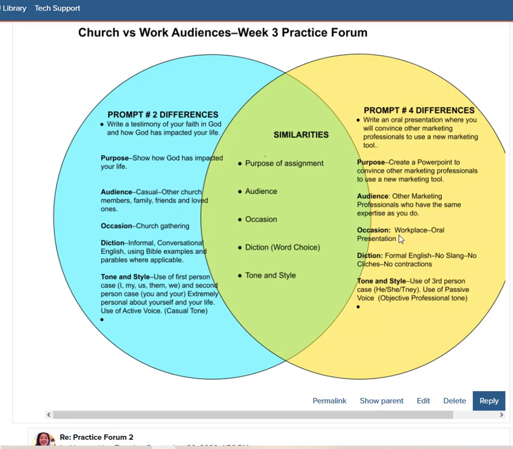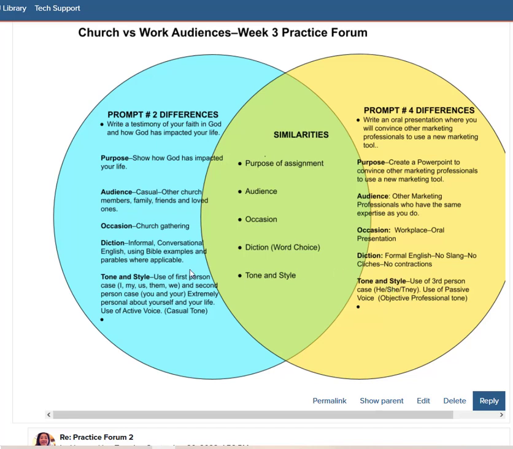Occasion, workplace, oral presentation. Diction, formal English, no slang, no cliches, no contractions. Tone and style, use of third-person case, he, she, they. Use of passive voice, professional tone.